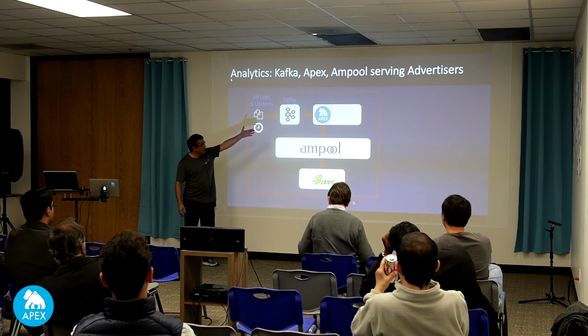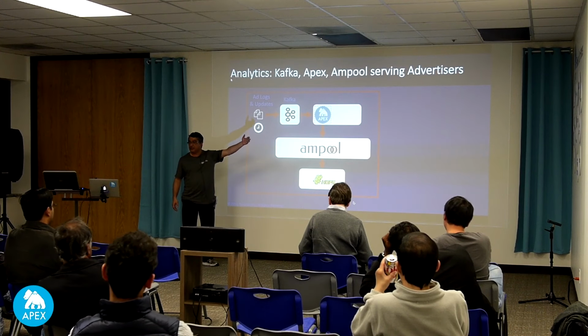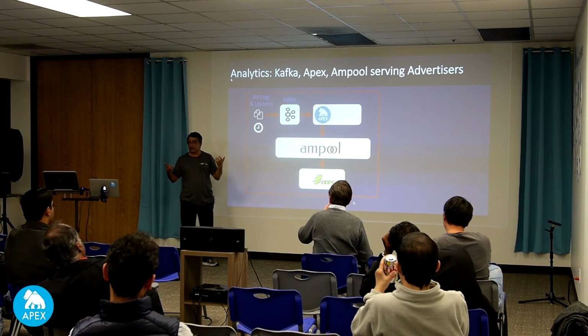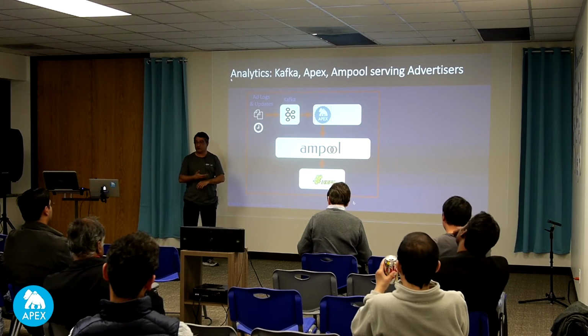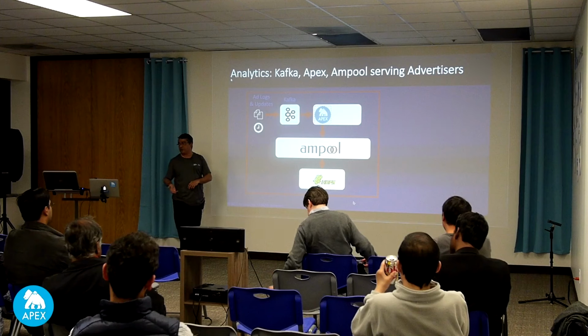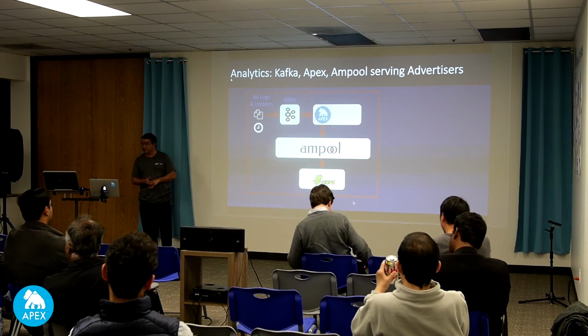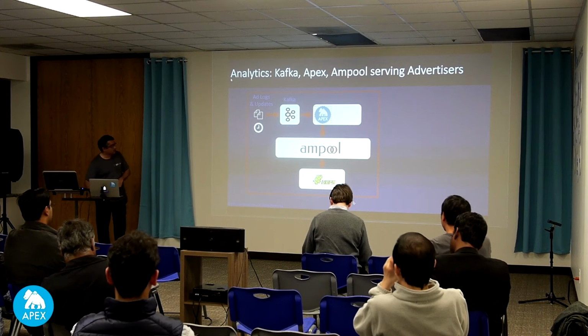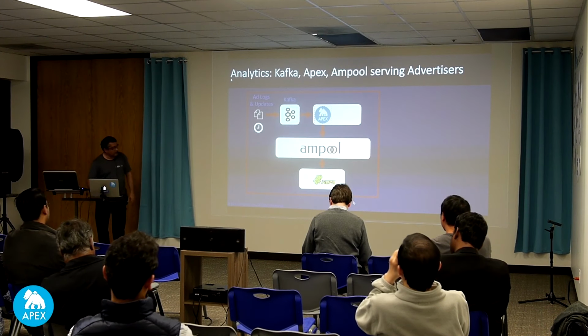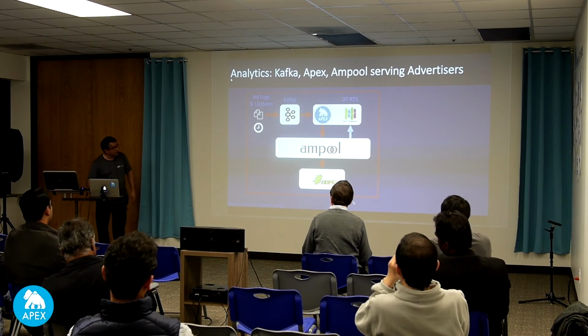But at the same time, Apex also does the streaming analytics on it by computing the top 10 advertisements based on the advertisement views by the users, or the top 10 campaigns based on the clicks, the top 10 clicking campaigns, and then the data gets stored into HDB. This is a very high level view.